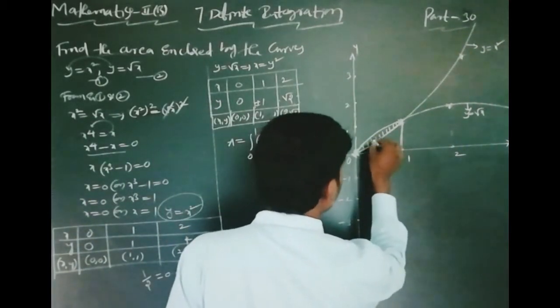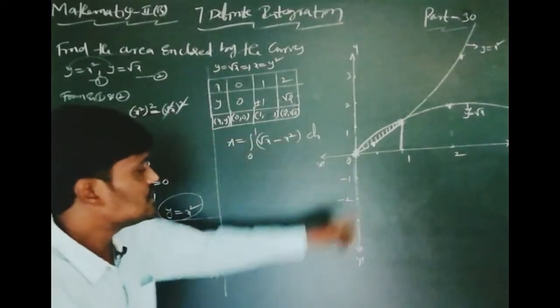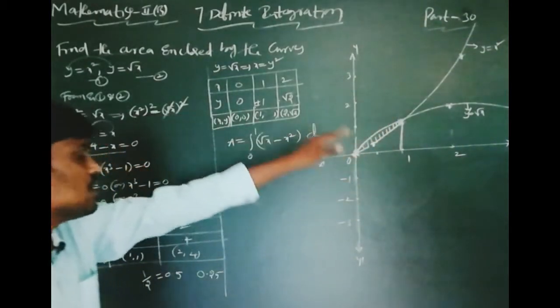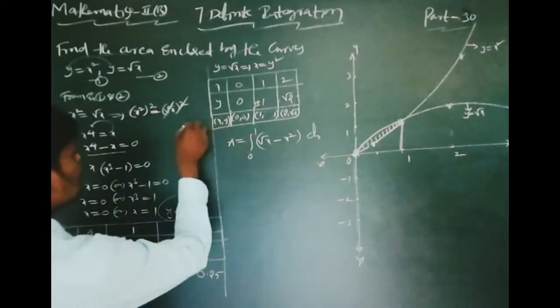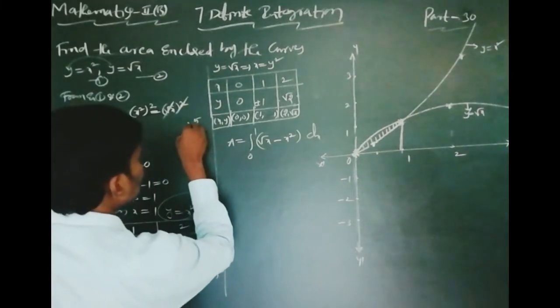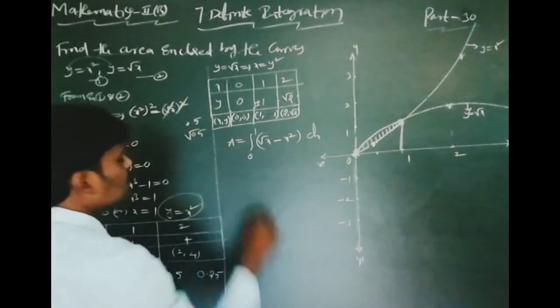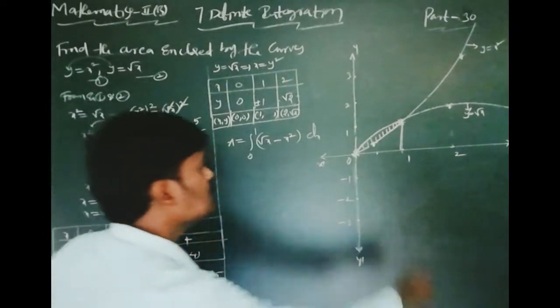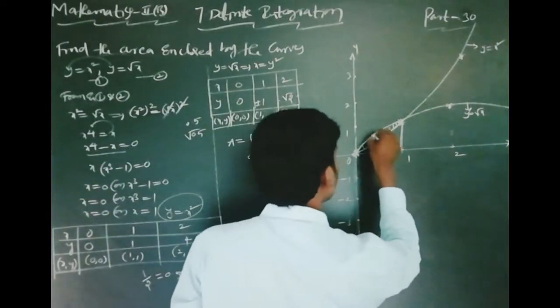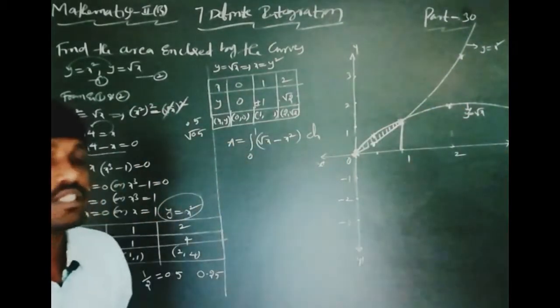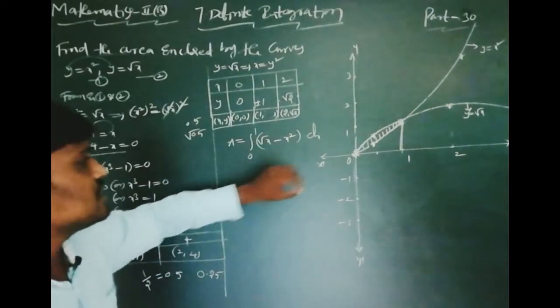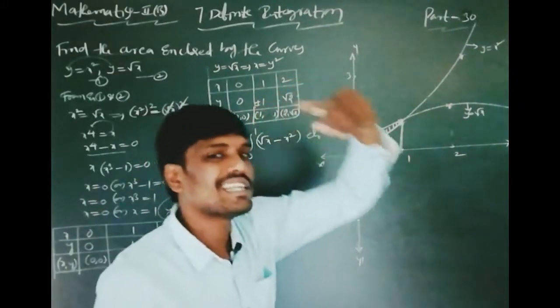This is a point on the y is equal to x square curve. Next, y is equal to root x, at 0.5, is square root of 0.5. This value is more than this one. Okay students, that's why root x is greater than x square.